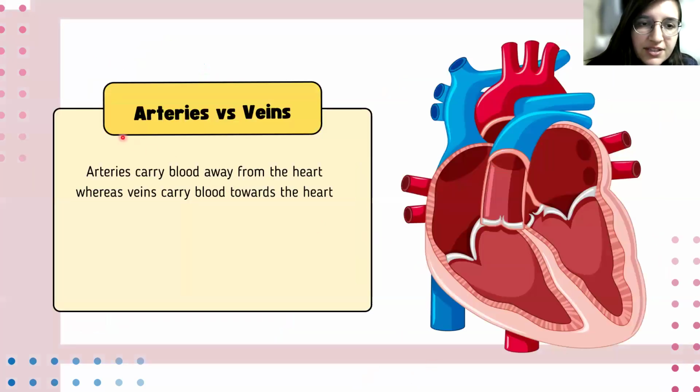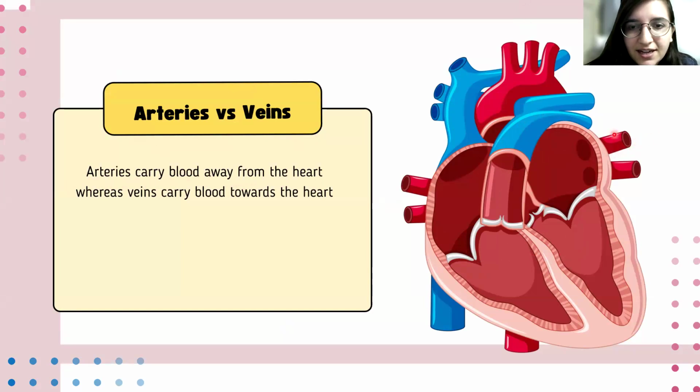Okay, you see I keep mentioning arteries and veins. Arteries are these pipe-looking blood vessels, the ones that carry the blood away from the heart. Like the aorta is pumping the blood out, so it's an artery.